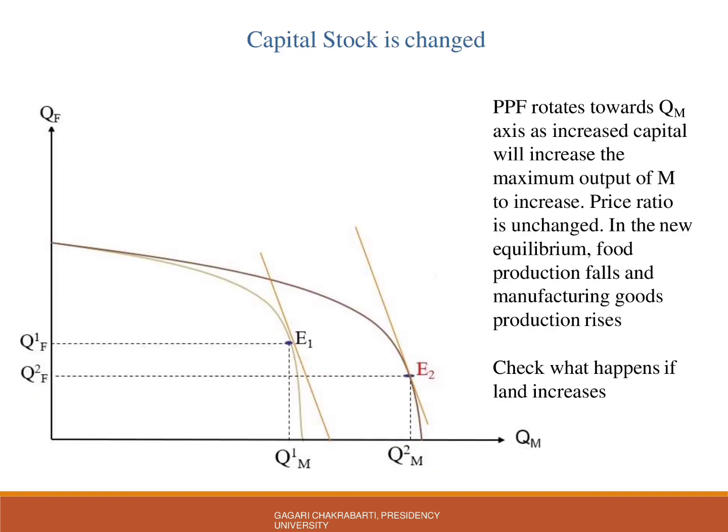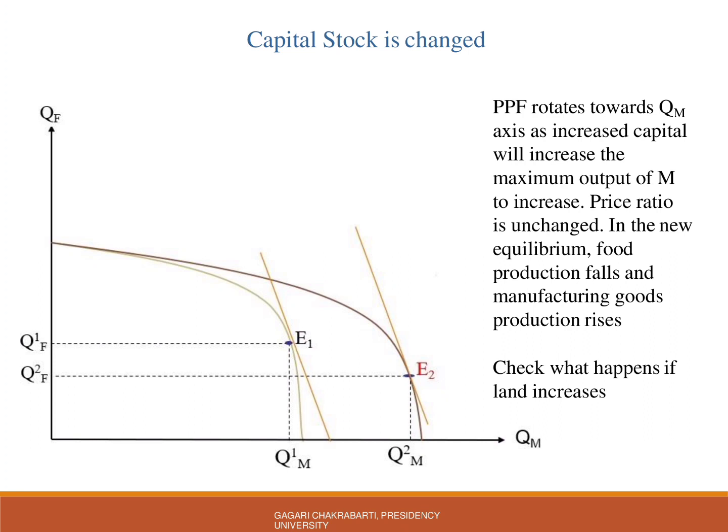We may consider the impact of the capital stock change on the PPF also. So initially the light green line was the PPF. Initial equilibrium was at point E1, therefore the country was producing Q1M of manufacturing commodity and Q1F of food.